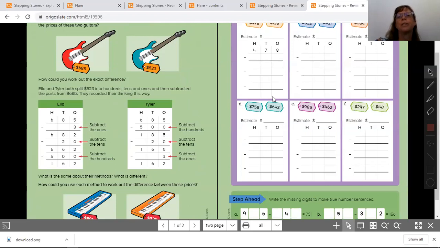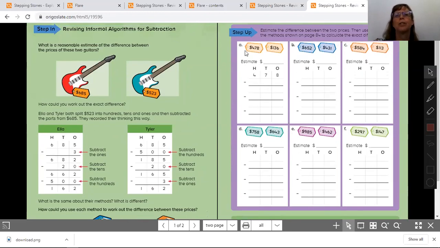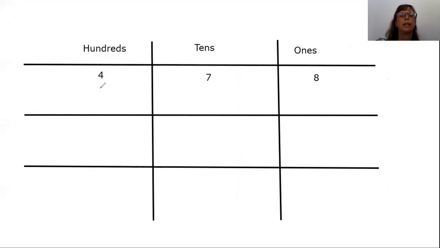And what I'm just going to do, I've set up my whiteboard to start off with this one. So 478, take away 136. And I'm just going to change the share to the whiteboard. Okay, so there's our 478, and now we're taking away 136. Okay, so let's start by taking away 8 minus 6 will be 2. And we've still got our 4 and 7 here.